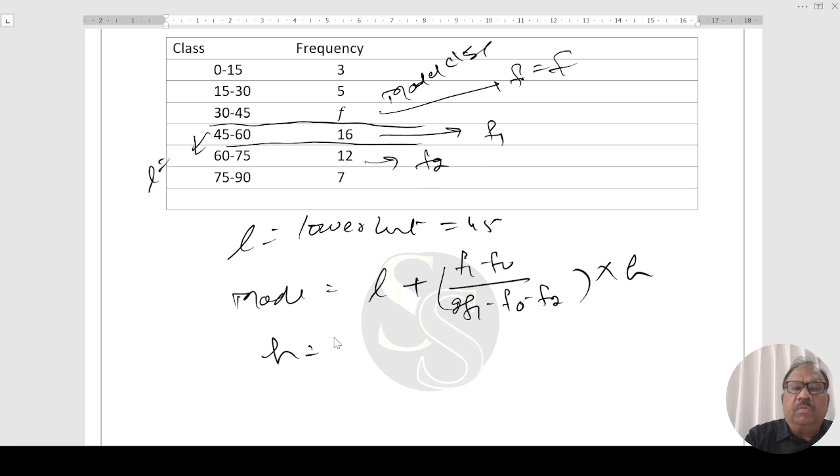And the length of the class interval is 15. Right?